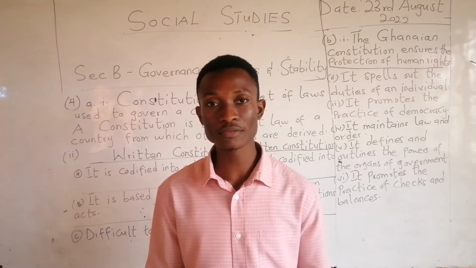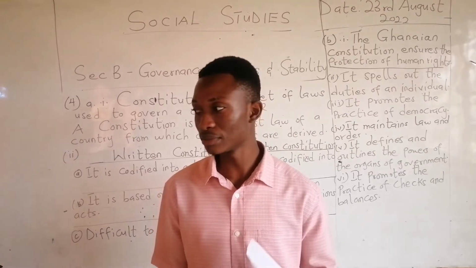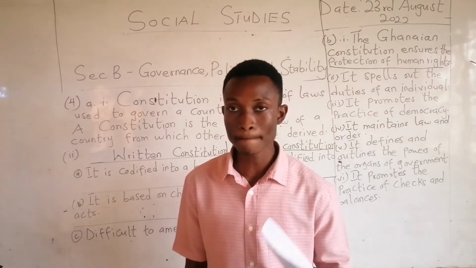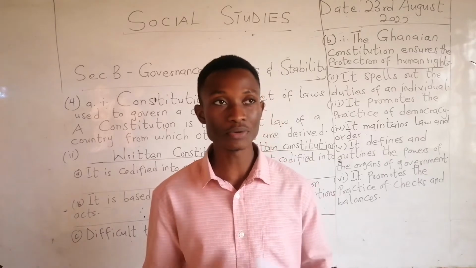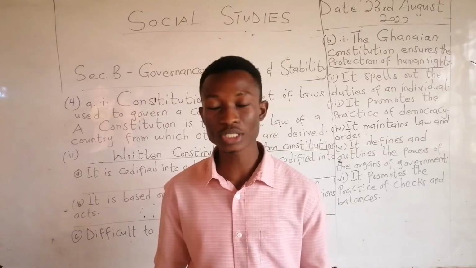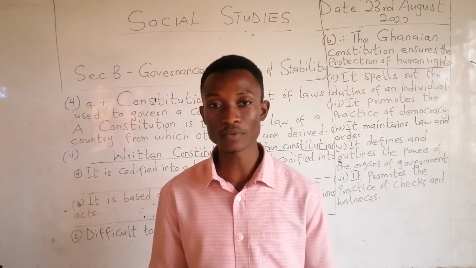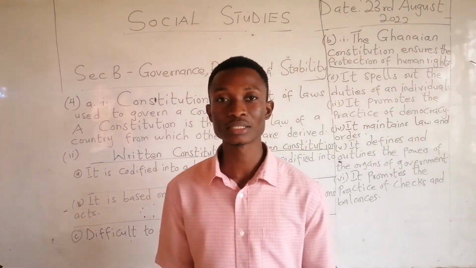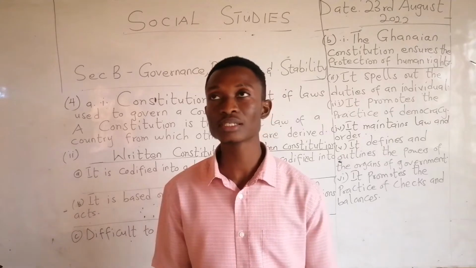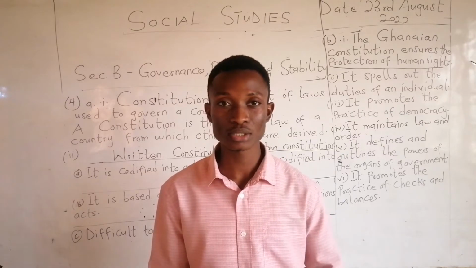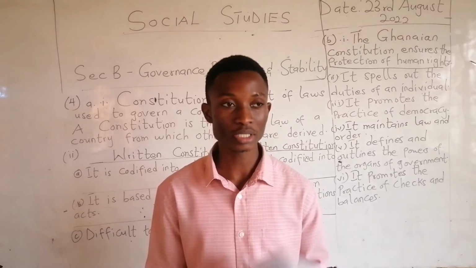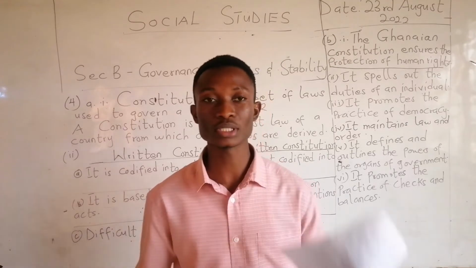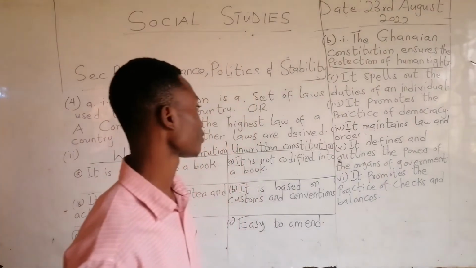The executive is in charge of formulating and implementing policies. The legislature makes, amends, and repeals laws. And the judiciary interprets the laws of the country. When this is done, it prevents the practice of dictatorship in the country and ensures the smooth operation of separation of powers.